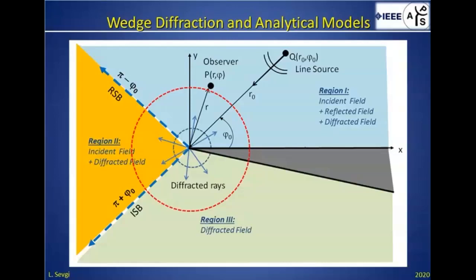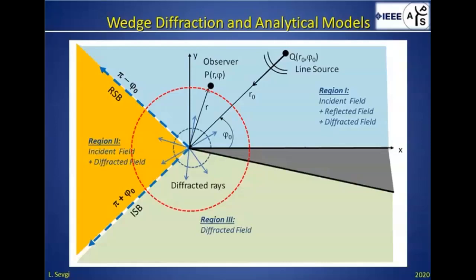So according to the location of this line source, RSB, the reflection shadow boundary, is the limiting angle, pi minus phi-naught, which divides two regions, with the reflections and without the reflections.